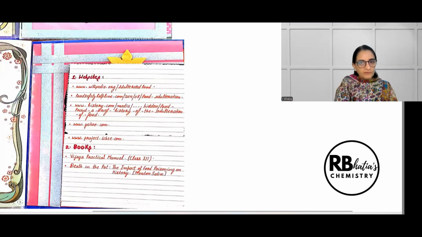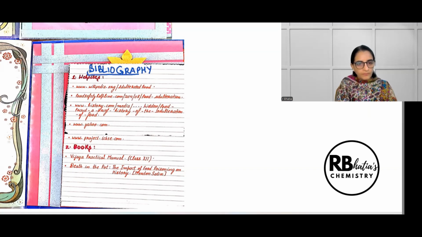This is the last page of the project, and this is the bibliography. Now, what is the purpose of bibliography? Bibliography basically deals with all the references that you've used for making your project, names of the websites, books, anything. So please do not write yahoo.com. This is incorrect.